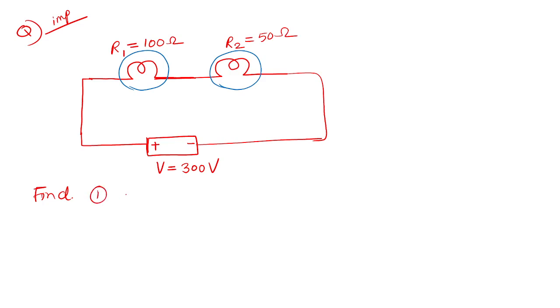The question is, find, question number 1, total resistance. You studied in the previous classes, I don't know whether you remember or not. Based on this diagram you have to answer certain questions. Find the total resistance. Second question is, find the circuit current.